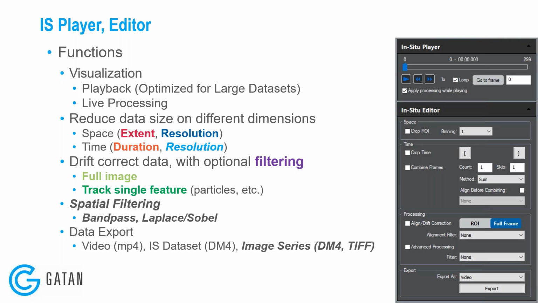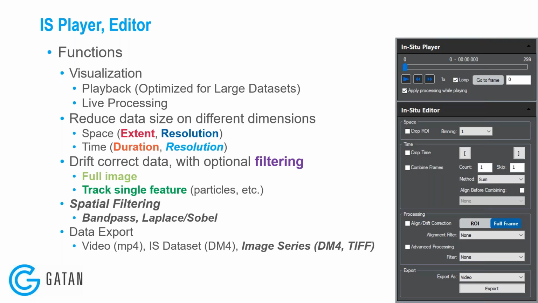So we can reduce the data in the spatial dimensions by cropping to reduce the extent of the data, or reducing the resolution by binning. We can also reduce the data in time, so either cropping the duration of the video, or decreasing the time resolution of the data by combining frames.